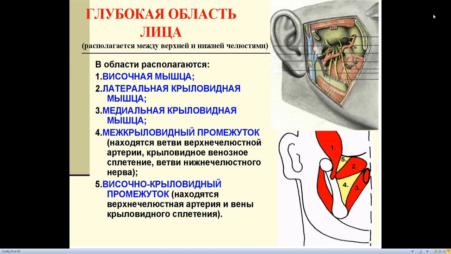Here rest the lateral and medial pterygoid and temporal muscles.